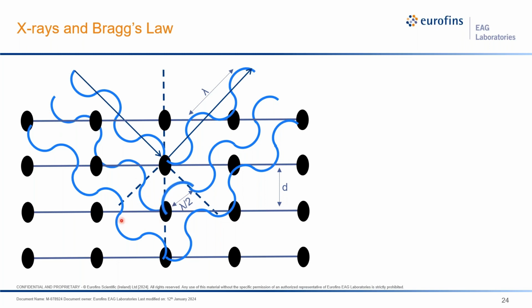So there's a half here and a half here. Now there's a full wavelength here and a full wavelength here. If you continued these lines down and then measured these wavelengths on the next D spacing down, there'd be a wavelength and a half on each side, etc.